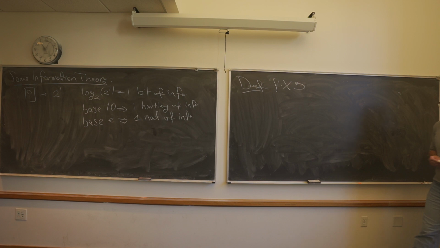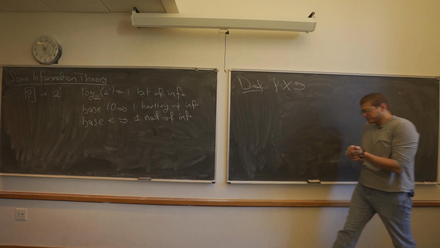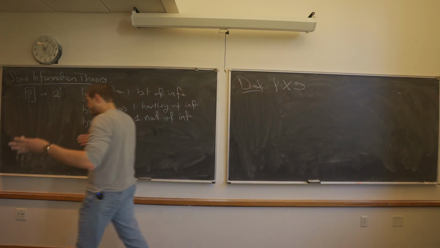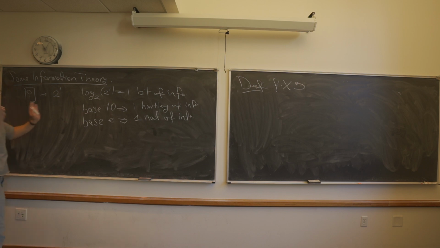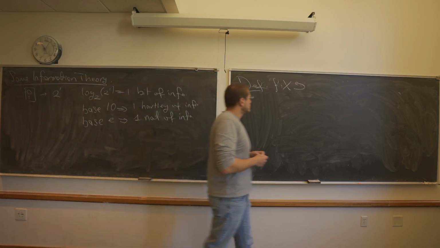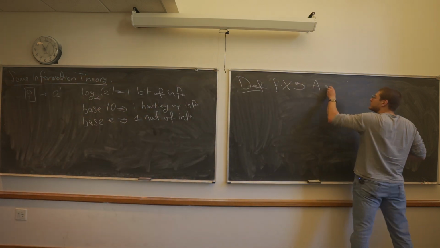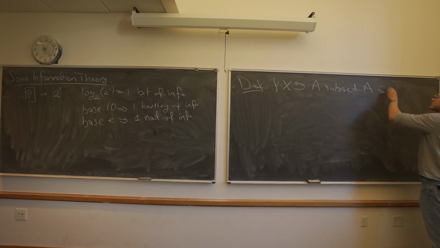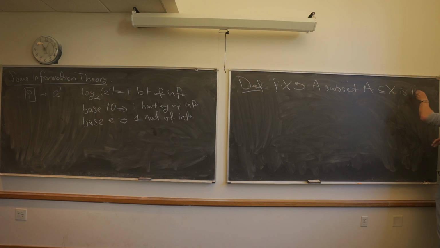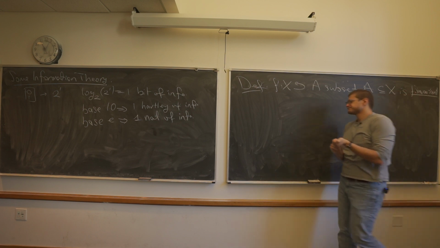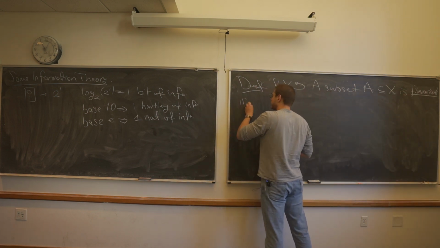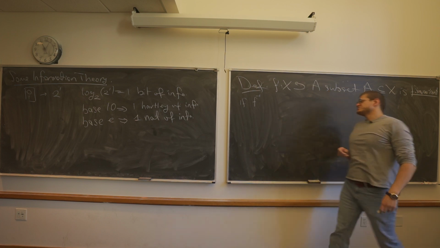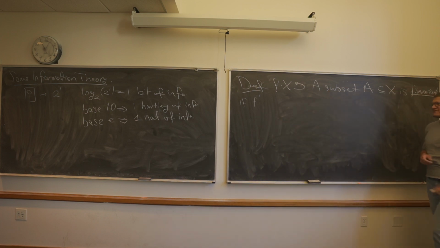I take an arbitrary set and a dynamical system on it. Again, you can define this more generally, but let's just look at iterations. A subset A is F invariant if the preimage of A under F equals A.